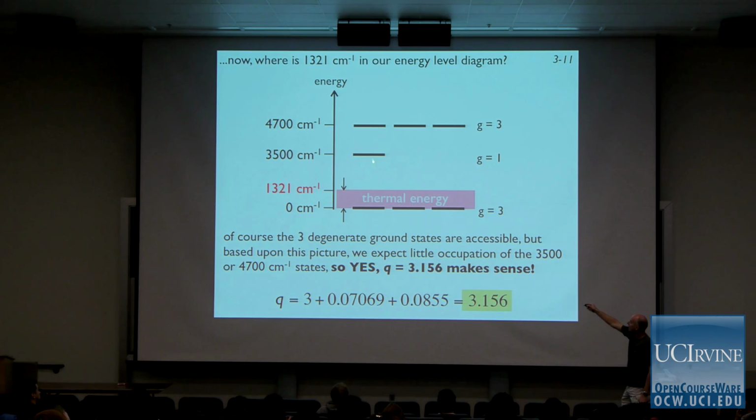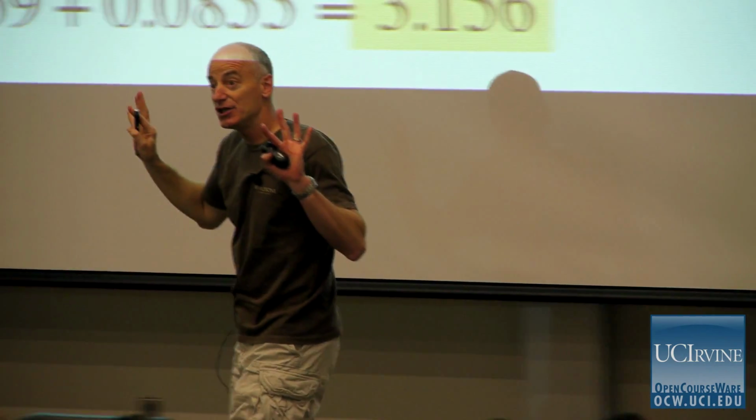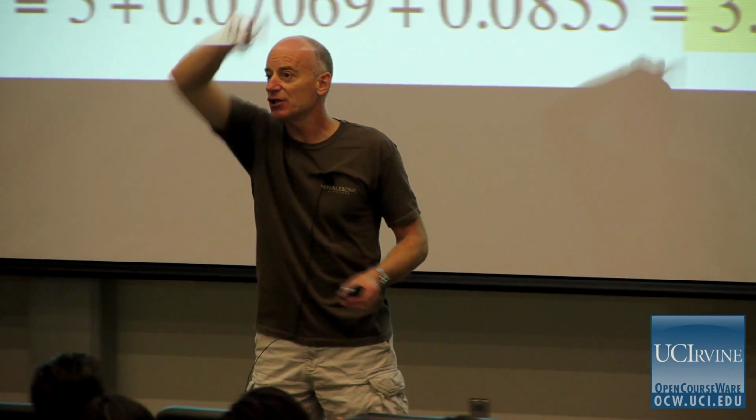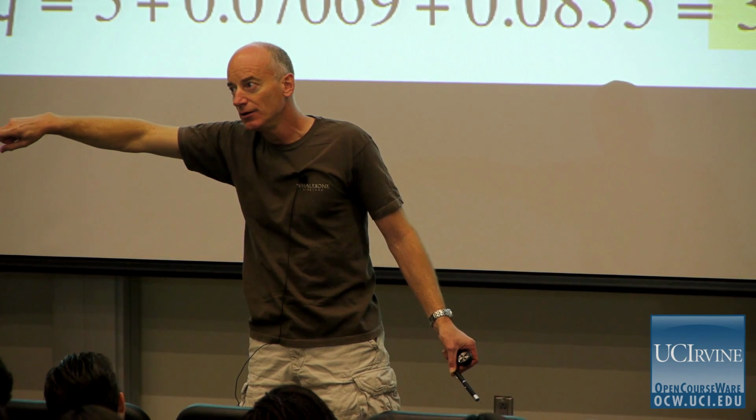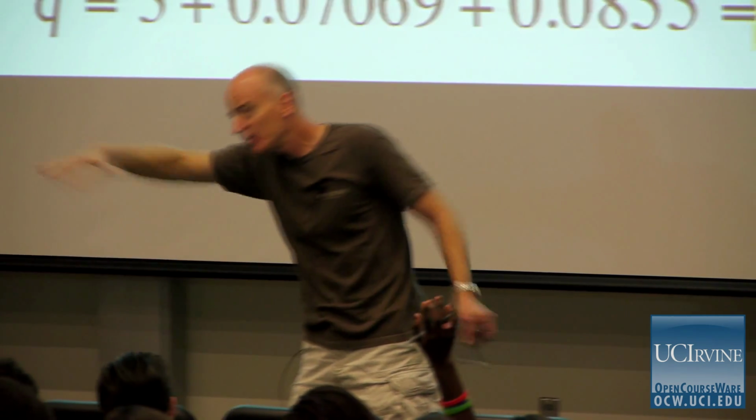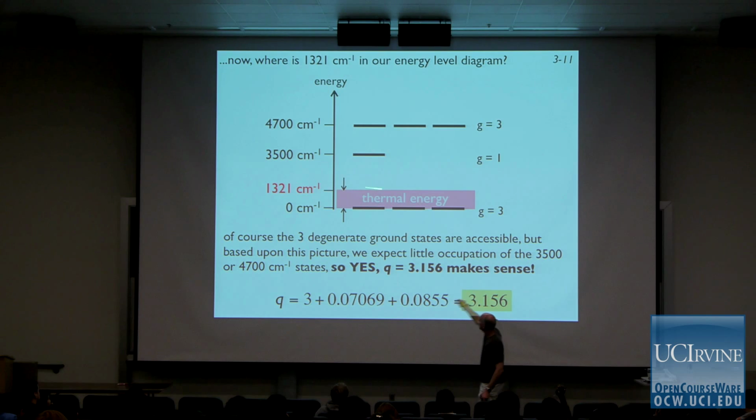And then we can ask, are these excited states going to be populated as well? Well, you can see we don't have enough thermal energy to significantly populate these excited states, and so we expect there to be a little bit of population of those states, because what does that Boltzmann function look like? It's a decaying exponential. So there's going to be some population. This thermal energy doesn't cut off in a hard line here the way I've drawn it. It sort of smears out.